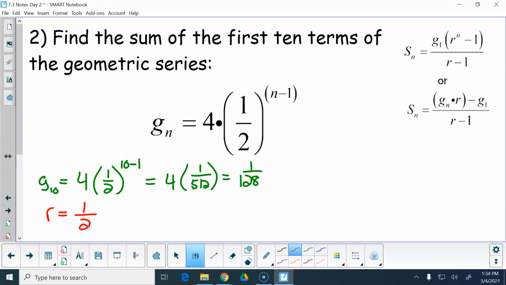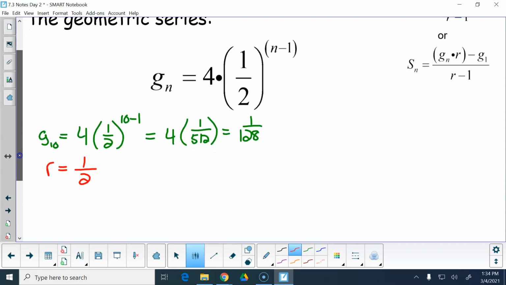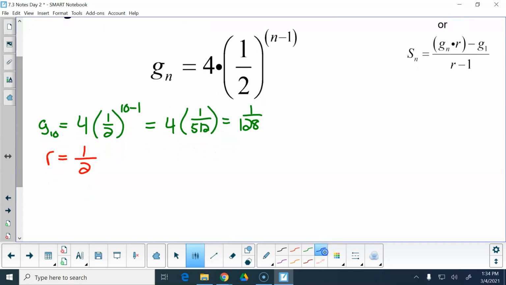The term that's got the exponent on it. My first term, I'm going to plug in 1. So that's going to be 4 times 1/2 to the 1 minus 1 power. 1 minus 1 is 0. 1/2 to the 0 power is 1 times 4 is 4.